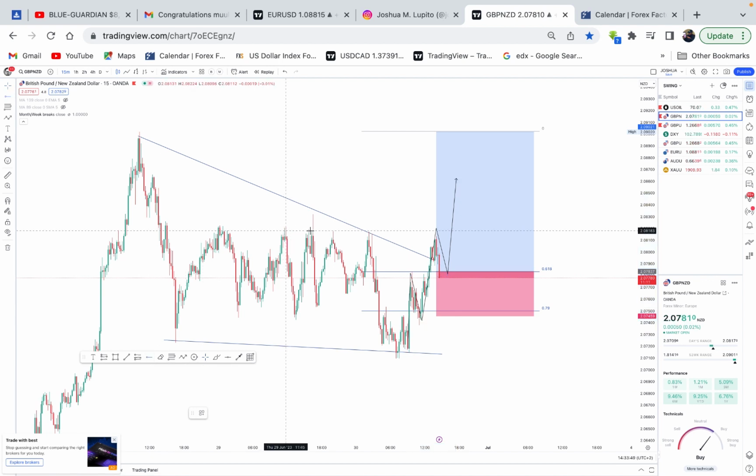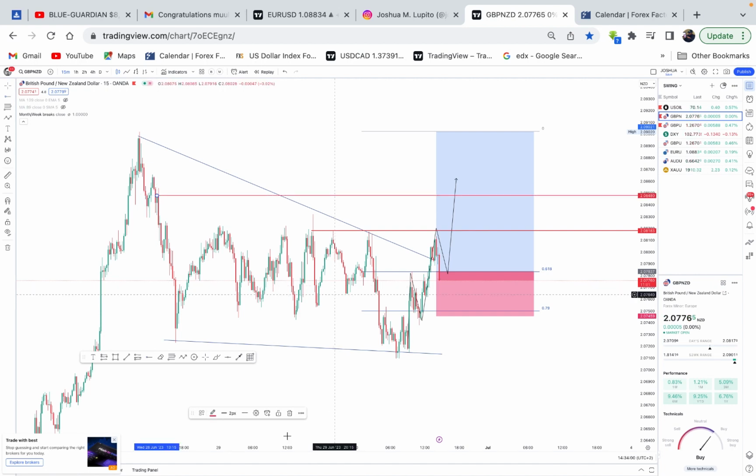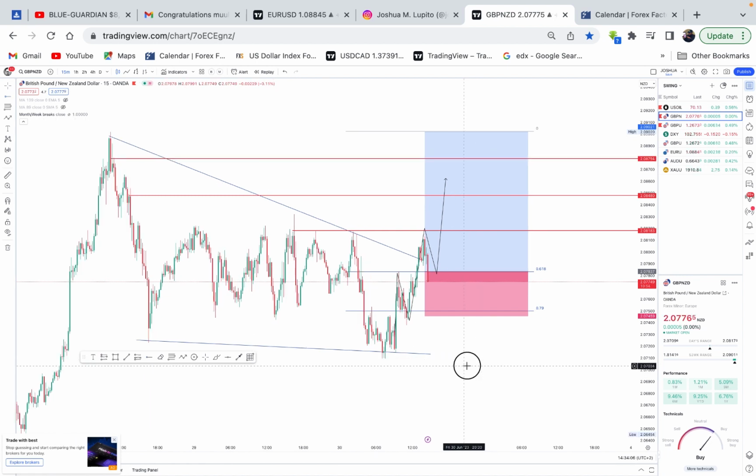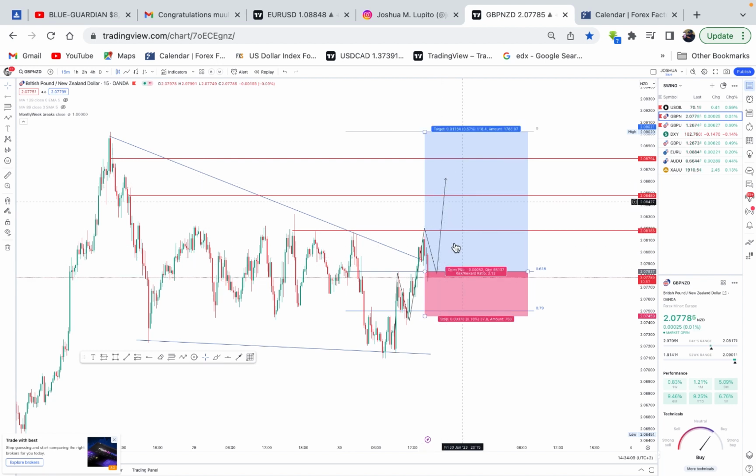So we want to see it pass this level, come to this level, and as well as come to this level here. So this is what we are likely to look out for on GBPUSD.